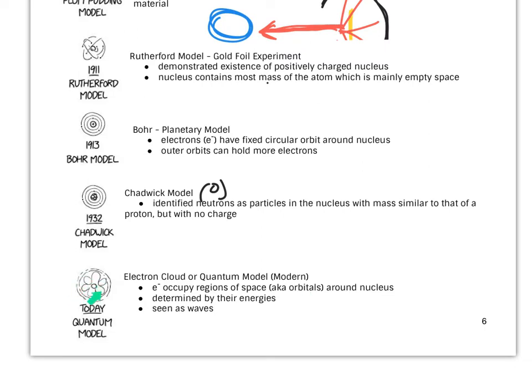In this model, they've drawn it so it looks kind of like a flower, but just know that they ebb and flow, like a wave, where they don't follow a circular orbit. Depending on which level they're in, they have a different wave pattern or path to follow. This is determined by their energies, and they're seen as waves. So not circular, they ebb and flow throughout the atom, sometimes closer to the nucleus, sometimes further away.